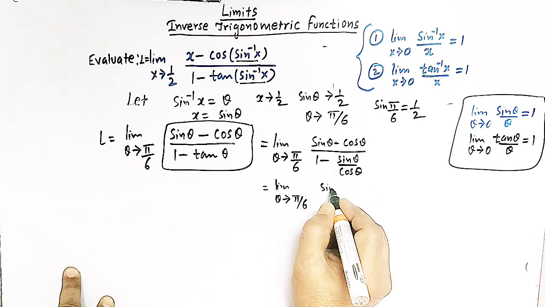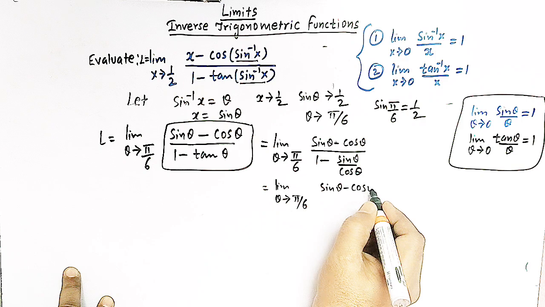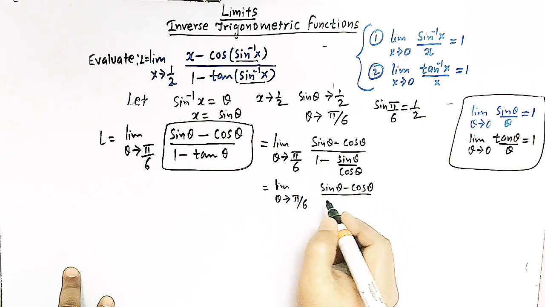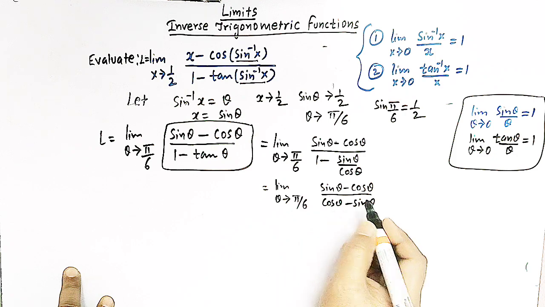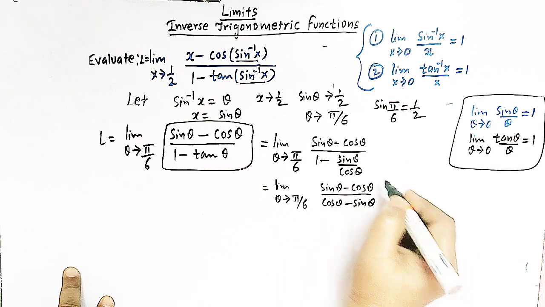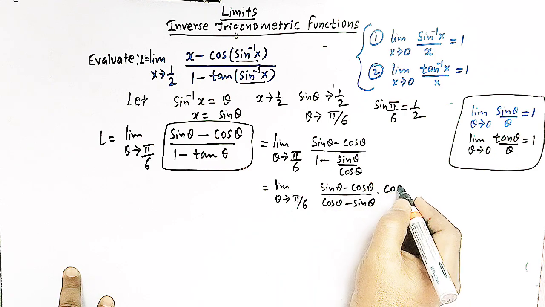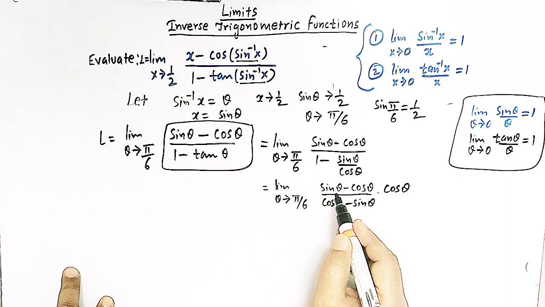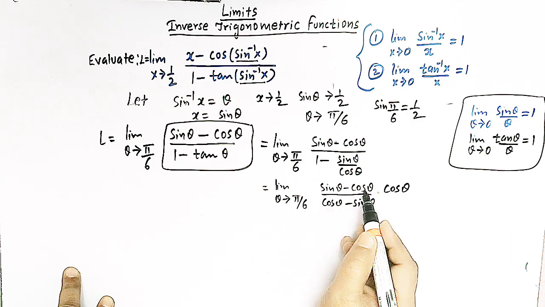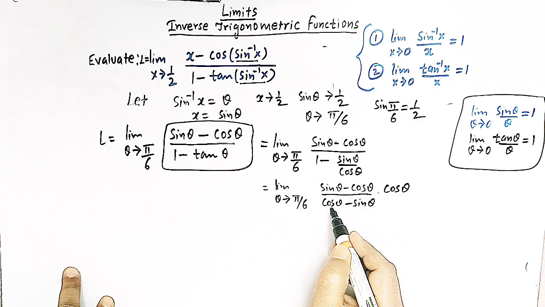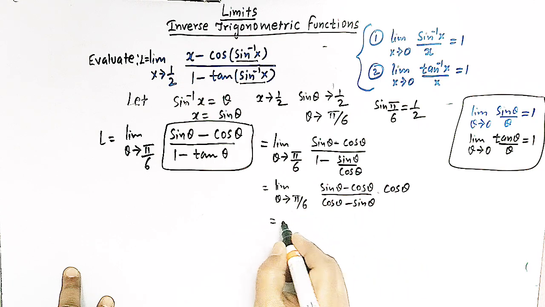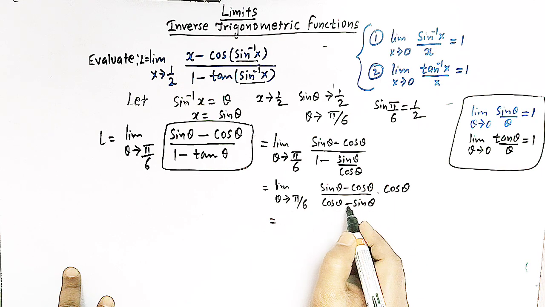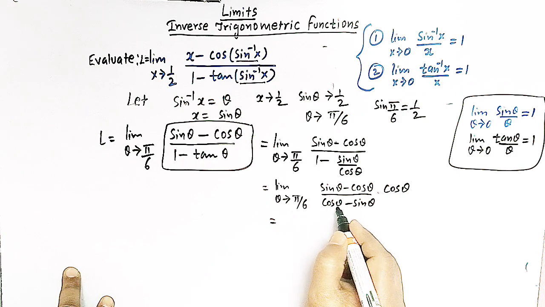So we have sine theta minus cos theta, and here we have cos theta minus sine theta divided by cosine theta, and we can take cosine theta to the numerator, right? So here we see that we have sine theta minus cos theta, and here we have cos theta minus sine theta, right? So let us take the negative sign common in the denominator.